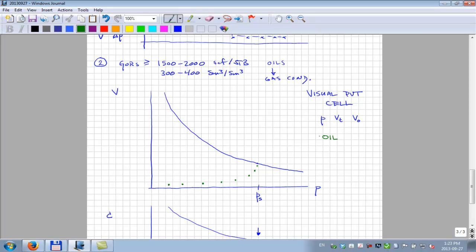That's what oil data would look like. This is the oil volume. And of course the difference between here and here, the total volume and the oil volume, is what? That's our gas volume. This is total volume and oil volume.